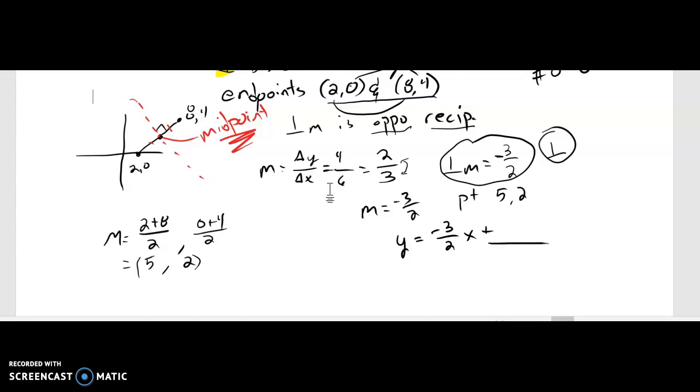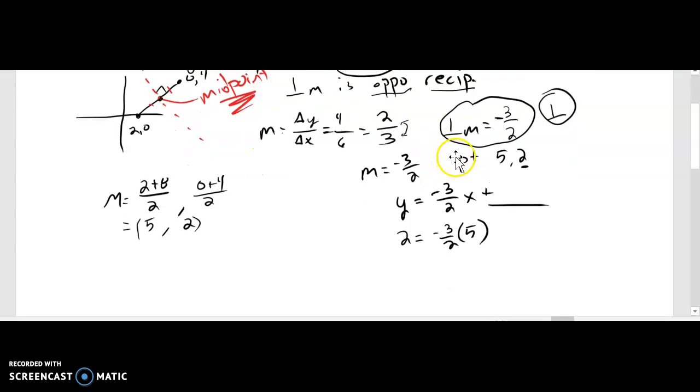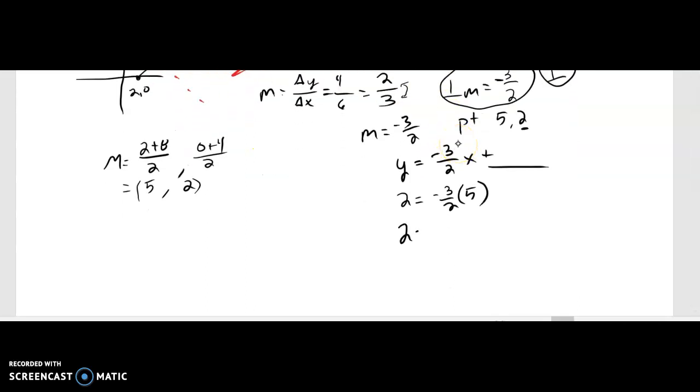So we plug it in, and I have my y value of 2 equals -3/2 times my x value of 5. And the good thing is we're not afraid of fractions, so I know that this says 2 equals -15 divided by 2. 3 times 5 is 15, divided by 2, which is the same thing as 2 equals -7/2.